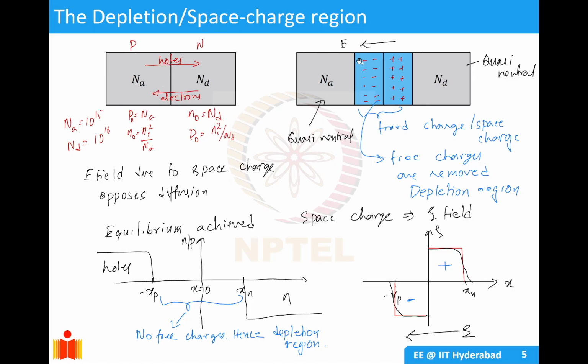And what will happen is, due to this diffusion, there will be an excess of holes near the junction on the right of the junction, and an excess of electrons on the left side of the junction. This will create an electric field, a negative electric field, and this electric field will then stop further movement of holes and electrons.